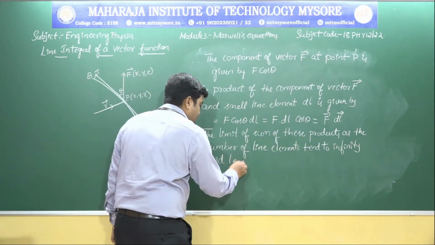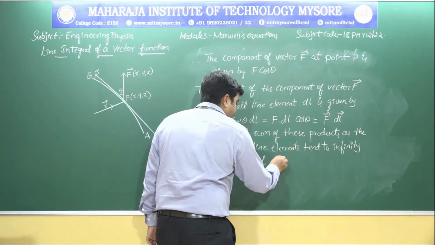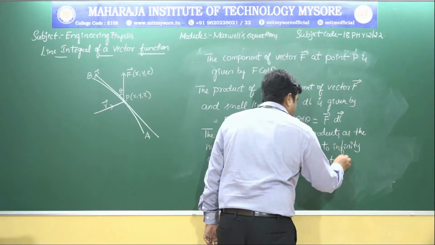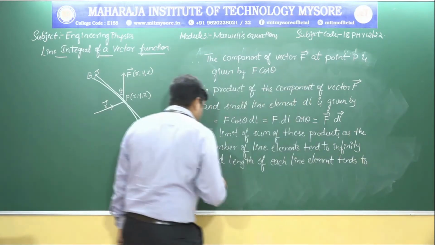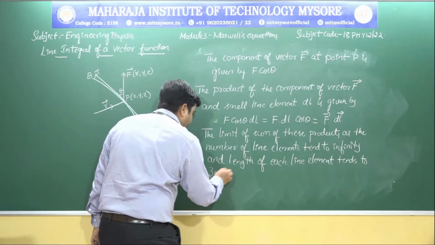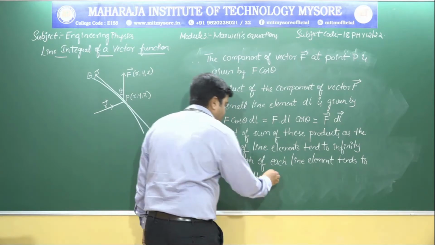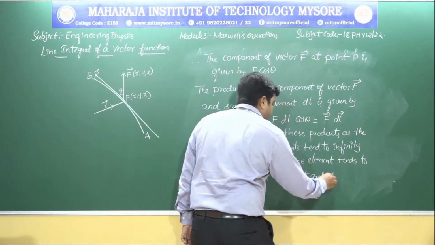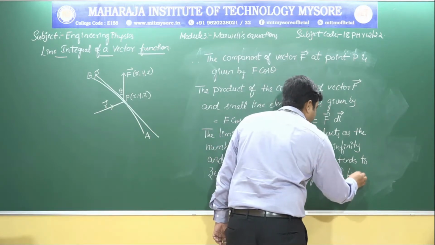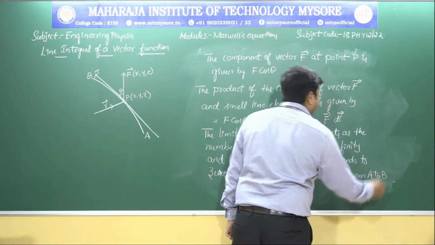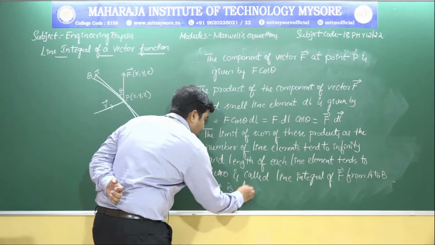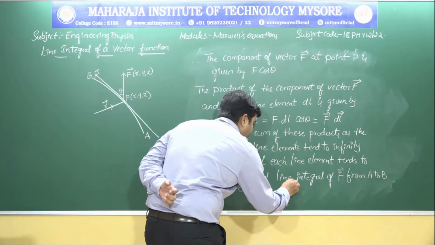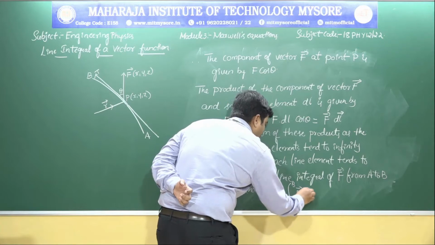and the length of each line element tends to 0 is called the line integral of vector f from A to B. It is denoted as integral from A to B of vector f dot dl.